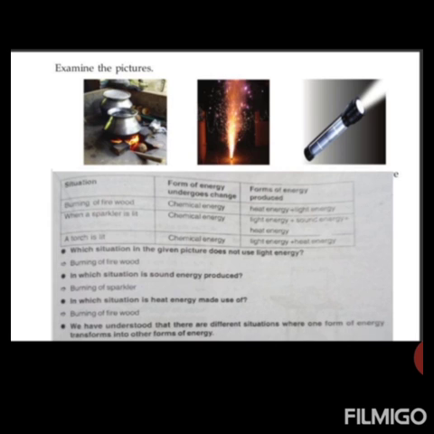Now same like that, when a torch is lit, the chemical energy which is stored in the torch is changed to light energy and heat energy. When we light the torch, light is there, along with that heat energy is also produced.